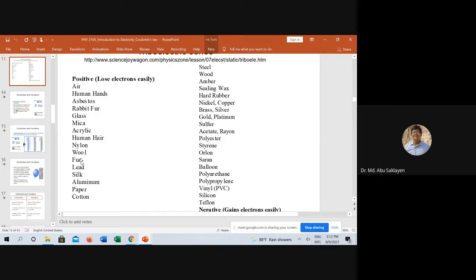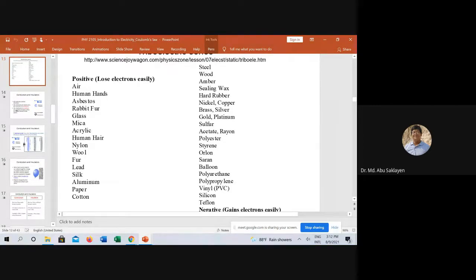ফার কি করে? ফার যখন তুমি প্লাস্টিক are one type of cloth suppose. তো তুমি যখন প্লাস্টিক রডকে এটা দিয়ে রাব করো তখন ফার থেকে ইজিলি ইলেকট্রন ট্রান্সফার টু দ্য plastic rod.